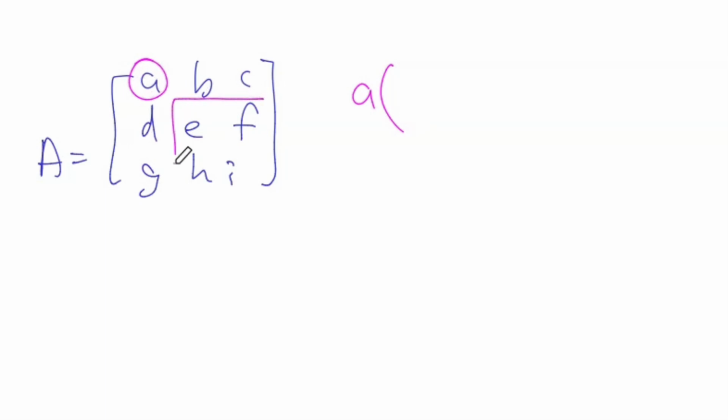So we ignore the part that involves A at all. So A multiplied with the determinant of this submatrix, EI minus FH.